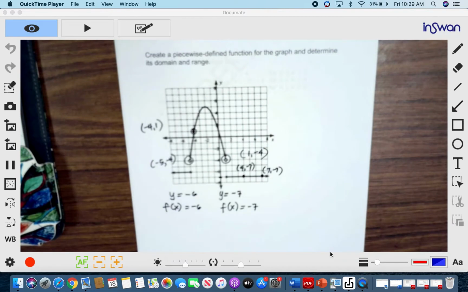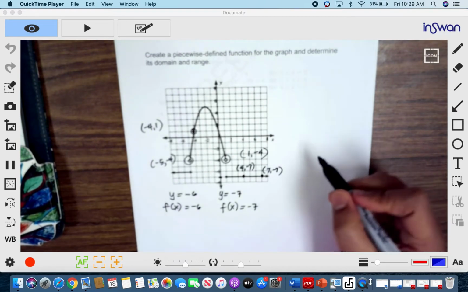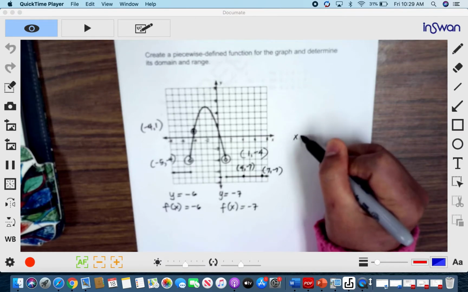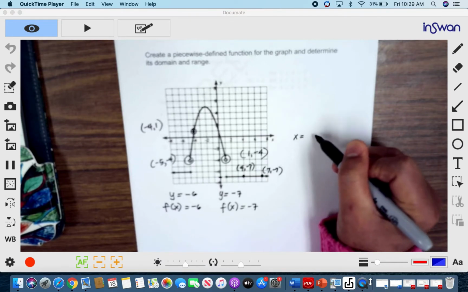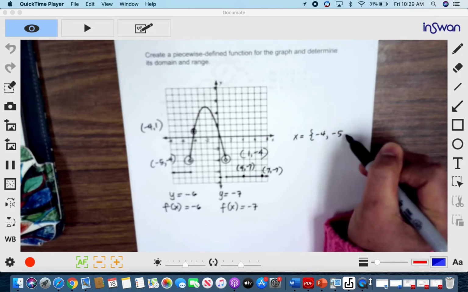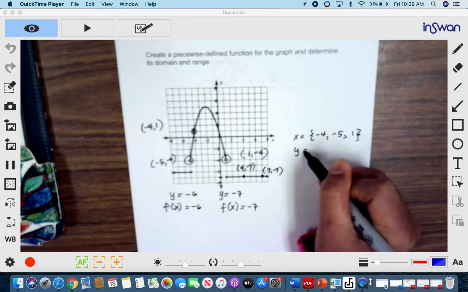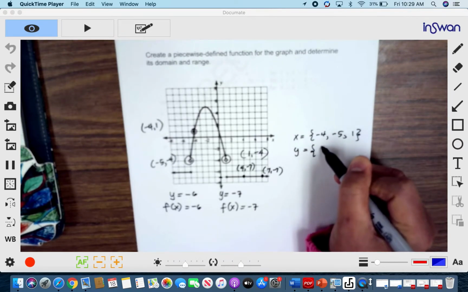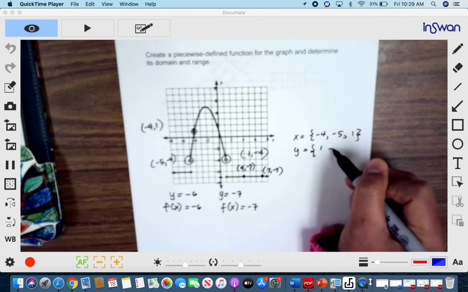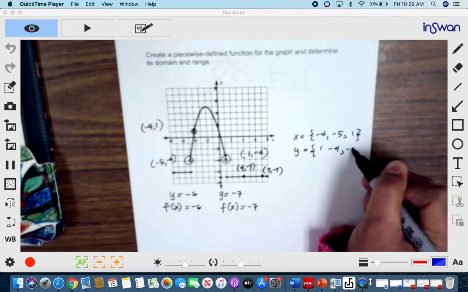Okay, so we just have to put the values in the calculator. So our x values are -4, -5, and +1. And then our y values are 1, -4 and -4. They should be in pair.